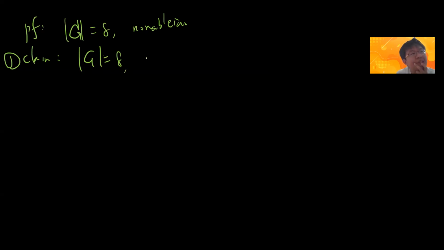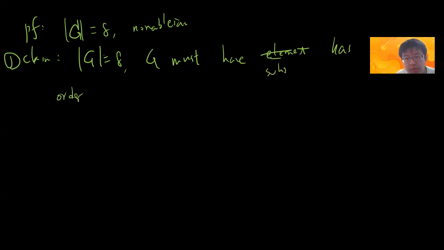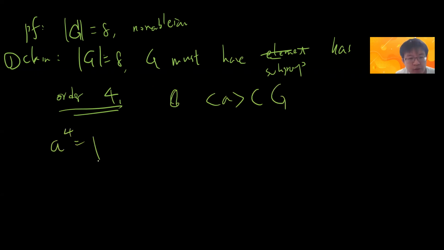Okay, so G must have some subgroup of order 4. That means G must have an element a such that a to the 4 is 1.